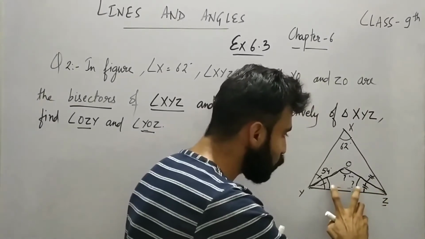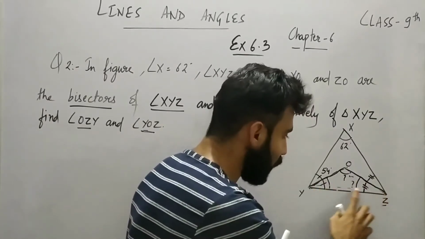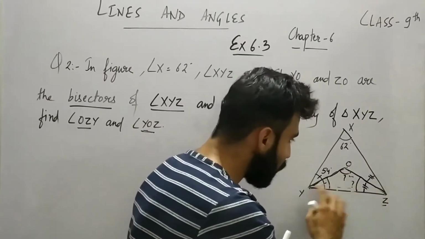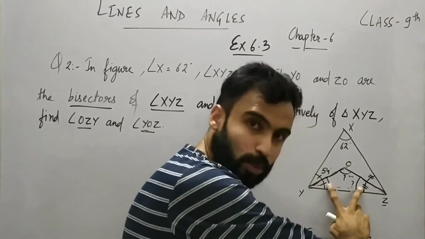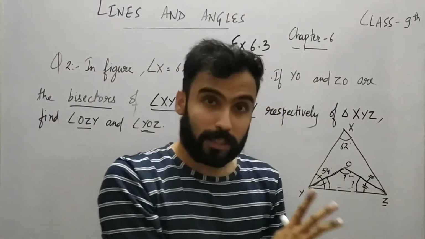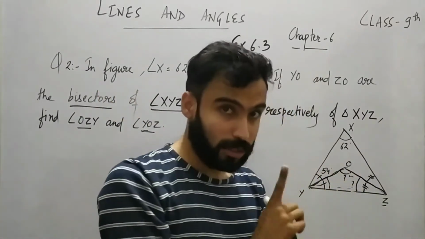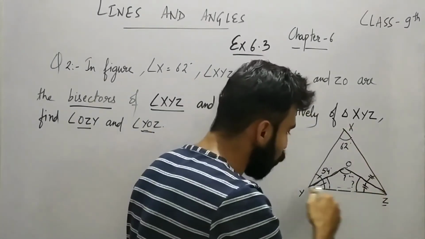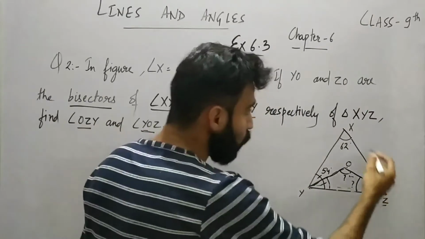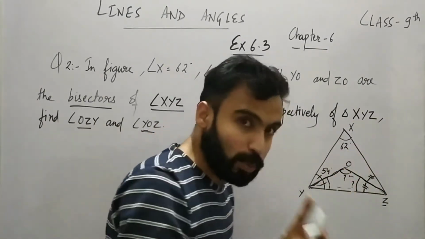If we are able to find the two angles OYZ and YZO, then adding them and subtracting from 180 degrees will give me this angle, right? So this will be the trick. First step is we have to find angle XZY, and for that we know the larger triangle has the sum of all angles as 180 degrees.